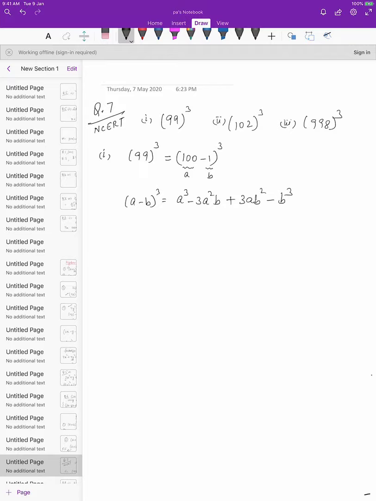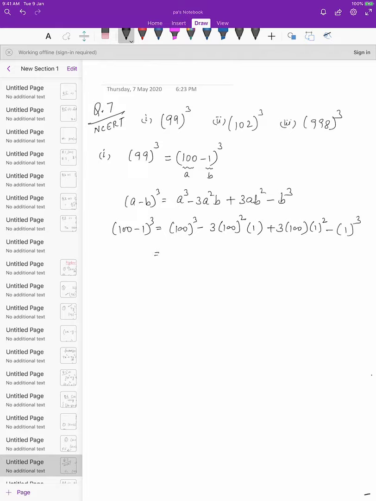We will exactly follow the same identity using a as 100 and b as 1. So 100 minus 1 whole cube will become 100 whole cube minus 3 into 100 square into 1 plus 3 into 100 into 1 square minus 1 cube. Everywhere in place of a I have replaced 100, in place of b I have put 1.